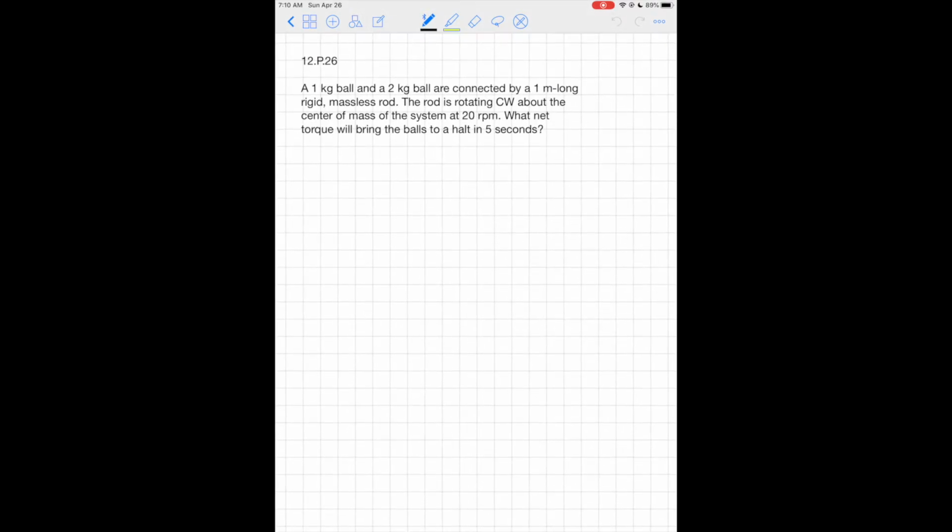So I want to clarify here, and you should always feel comfortable reaching out in an exam setting or in a homework setting, honestly any setting, and asking me if it's about the center of mass of the rod or the center of mass of the system. How does that change things?